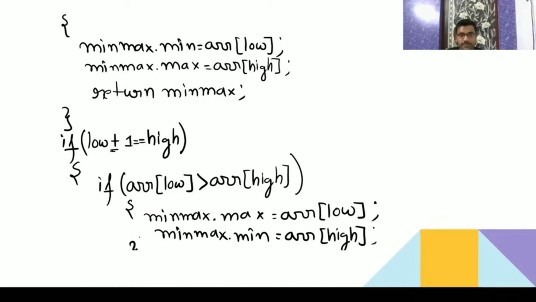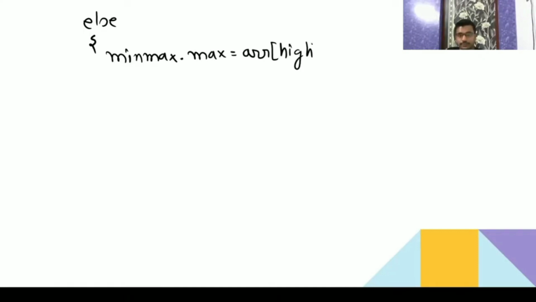Else, so close this. Else, if array of low is not greater, meaning if array of I is greater, then it will go in else. Then min max of max is going to array of I, and min max of min is going to array of low.